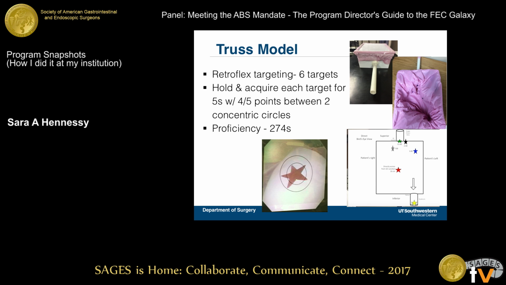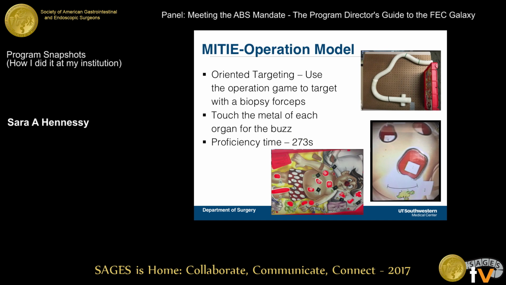The endoscopist has to hold and acquire each target for 5 seconds with 4 out of 5 of the points of the star between the 2 concentric circles. And then we have the goal proficiency time to complete all 6 listed there at 274. And then in the right lower hand corner is a diagram about where all the targets are.